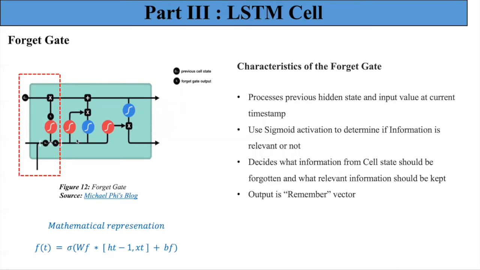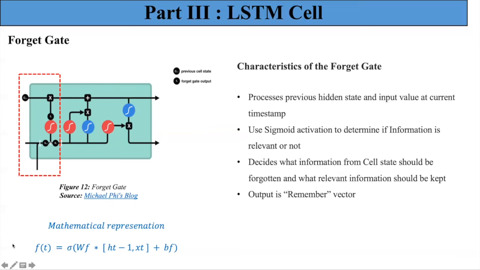As you can see, the first gate is the forget gate. The forget gate processes the hidden state from the previous cell and the inputs, identifies whether the information is highly important or not, and based on that, it pointwise multiplies to the cell state, impacting the cell state to either forget some of the irrelevant information or keep the relevant information.